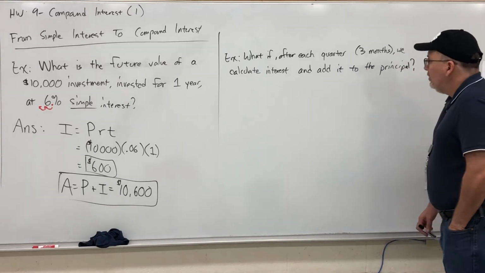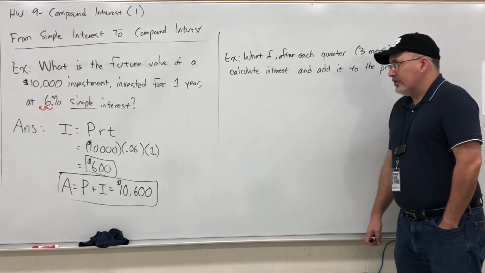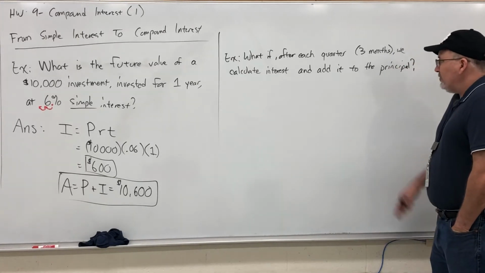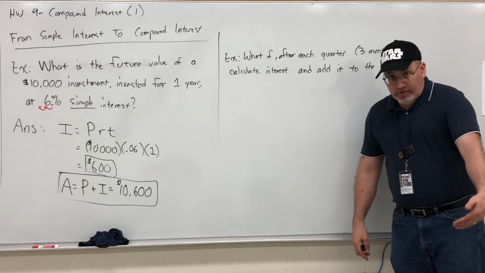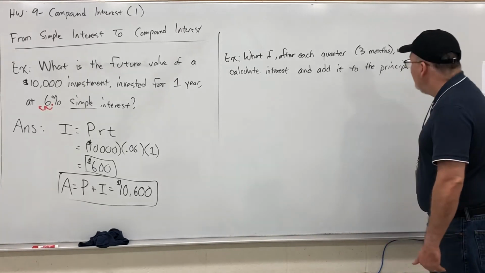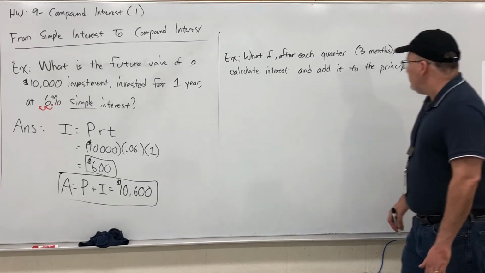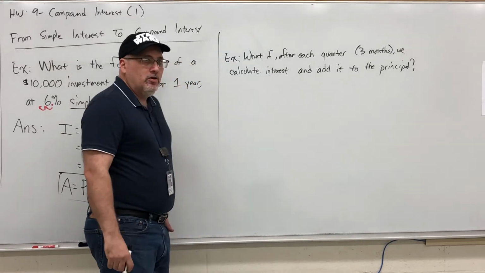For example, what if in this situation where we invested $10,000 for 1 year at 6% simple interest, what if after each quarter, and for those who aren't familiar, a quarter is 1/4 of a year or 3 months. What if after each quarter we calculated interest and add it to the principal?